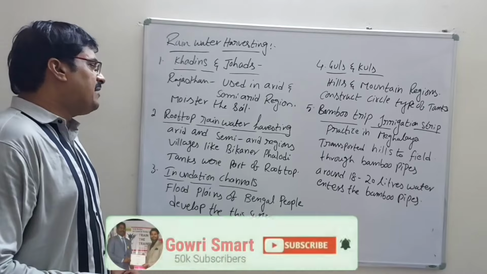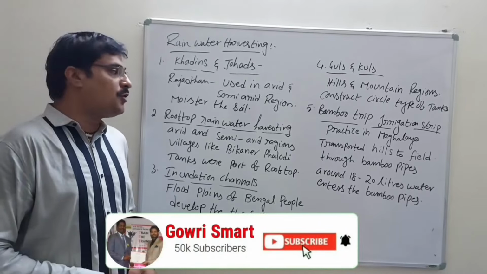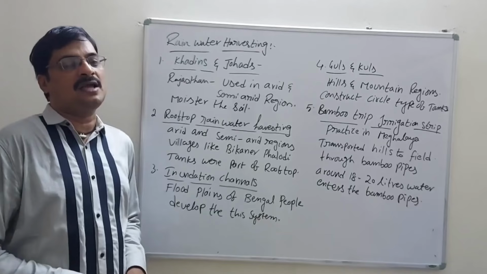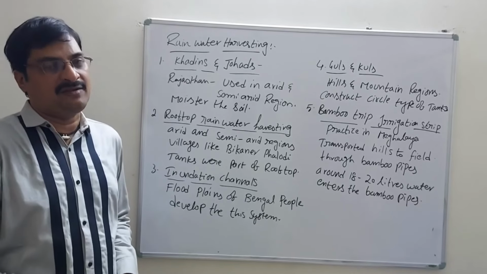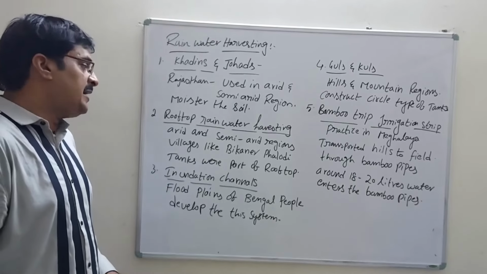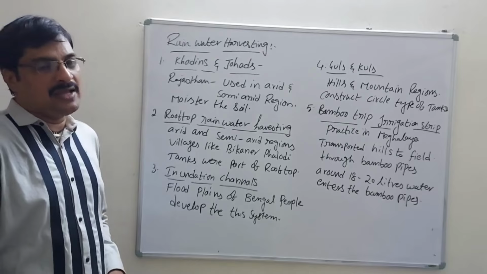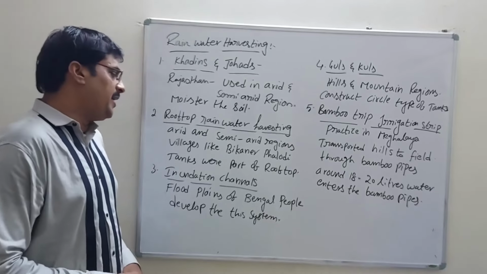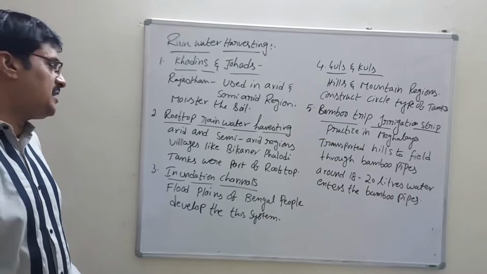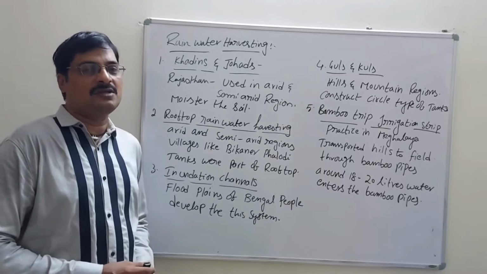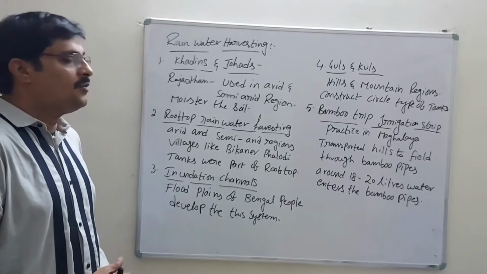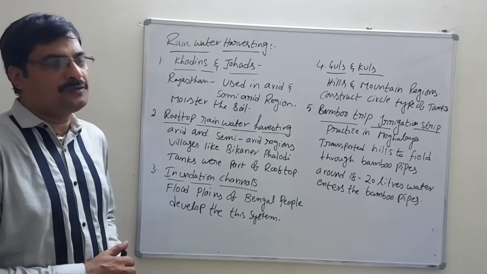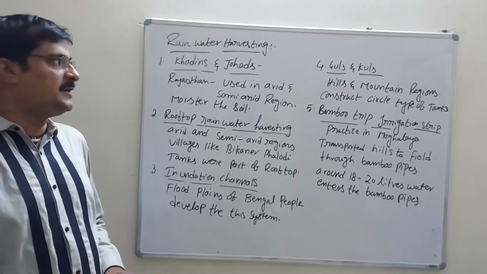And the second one, rooftop rainwater harvesting. It is also practiced only in arid and semi-arid regions. In some villages in Rajasthan, like Bikaner and Phalodi, they construct tanks for rooftop water harvesting.